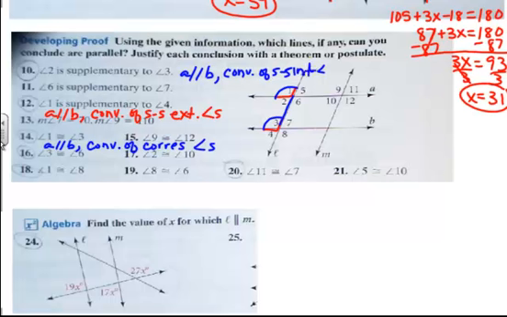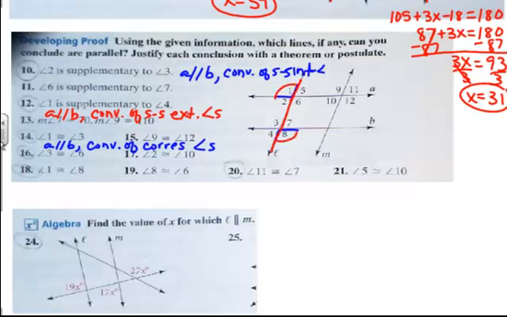And number 18, angle 1 and angle 8. Angle 1, angle 8. This is my transversal. This angle and this angle are on opposite sides of the transversal. One's on the right, one's on the left.